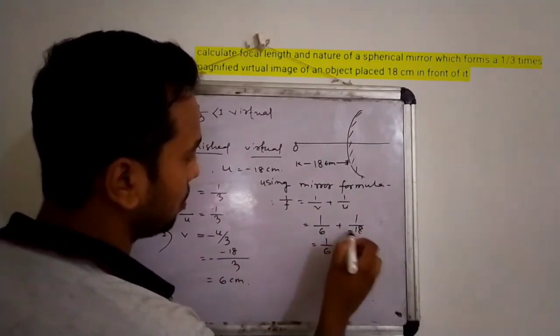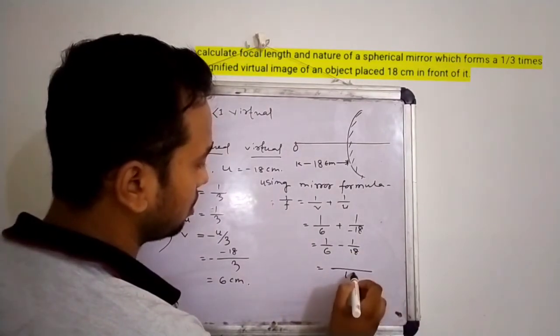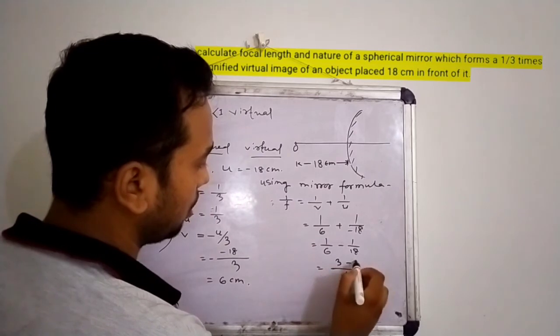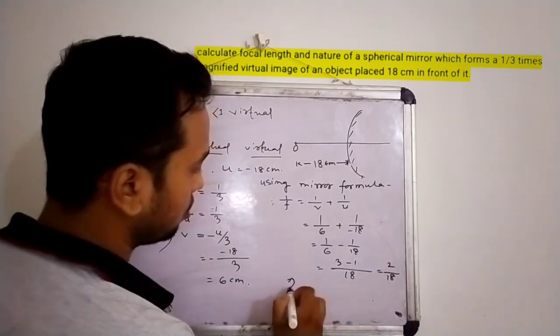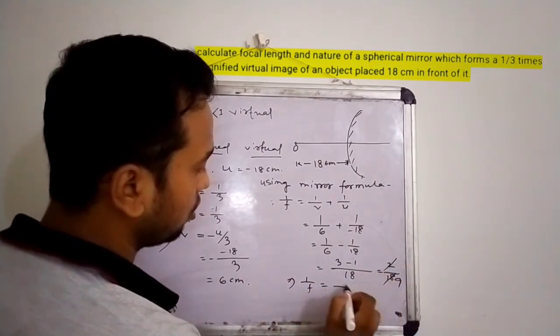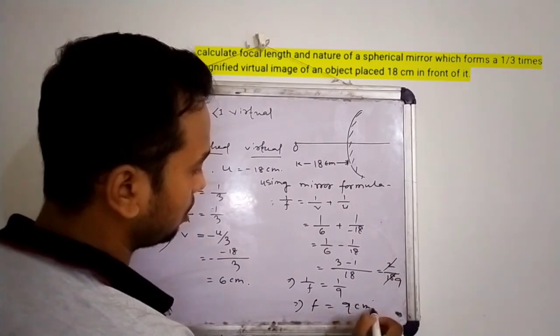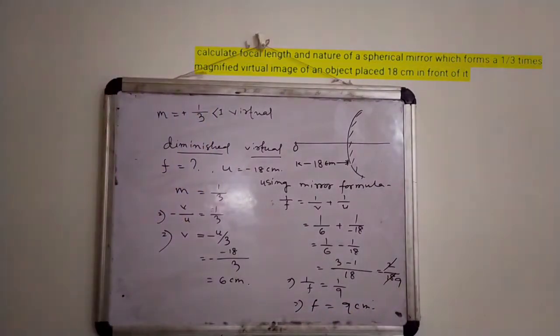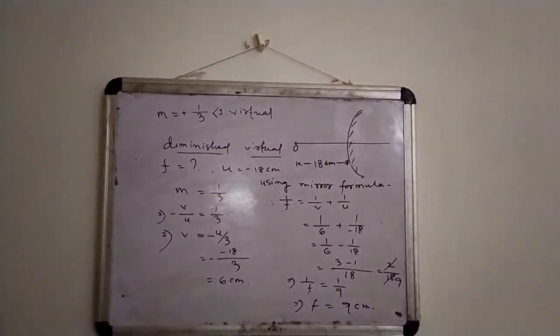So 1 by 6 plus 1 by minus 18. The LCM is 18, so it will be 3 minus 1, that means 2 by 18. So 1 by f, by 2 we can cancel, will be 1 by 9. So f equals 9 centimeter. So 9 centimeter is the focal length of the convex mirror.